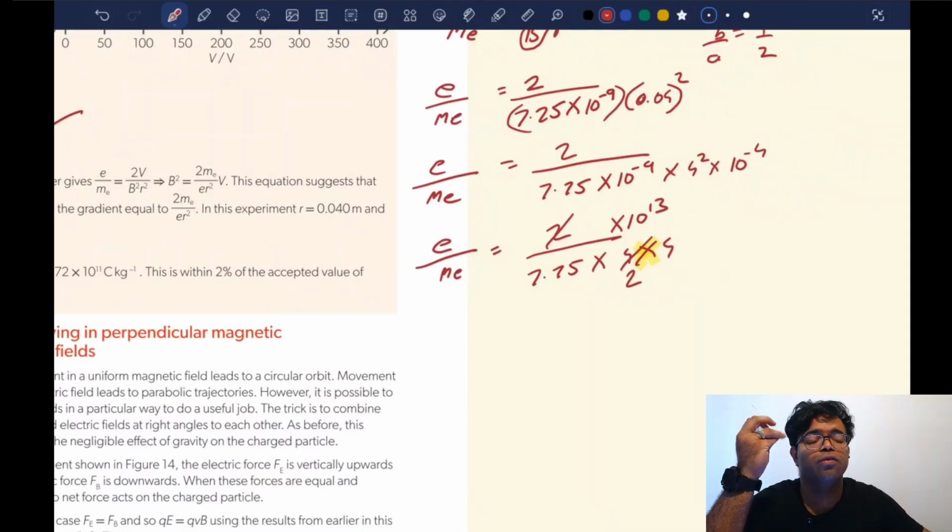15.5 into 4, 15 fours are 60, 5 fours are 20. Should it be 62? You just check.